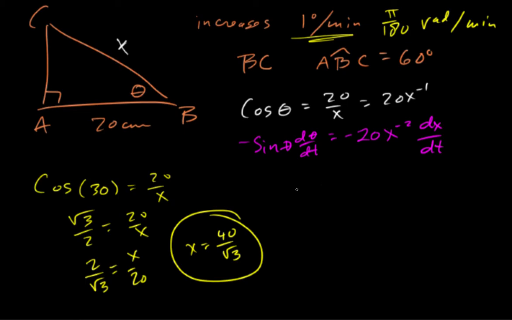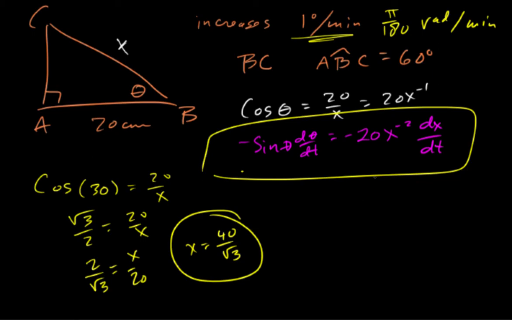Okay, and so when we look at the derivative, we're going to plug in some values. So negative sine 30 degrees times pi over 180.